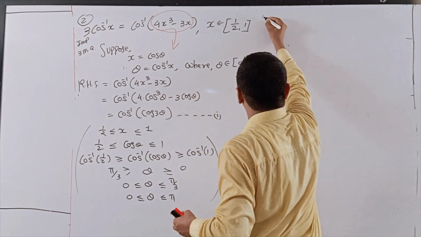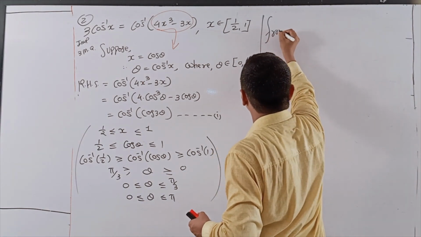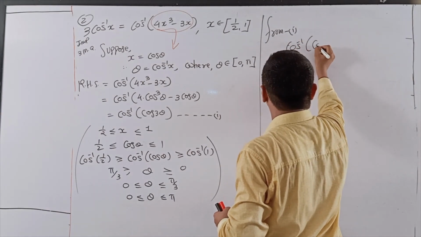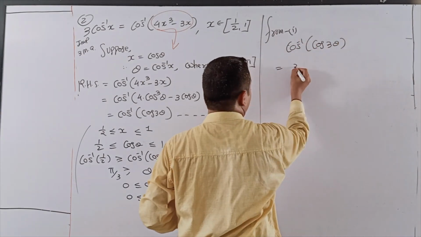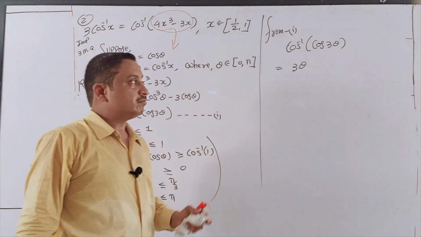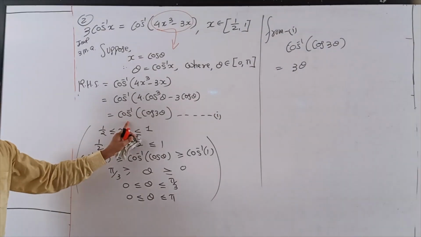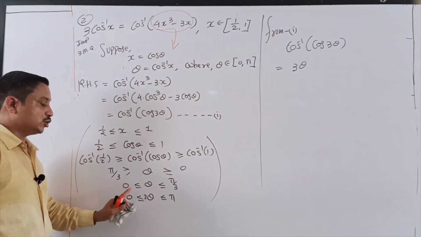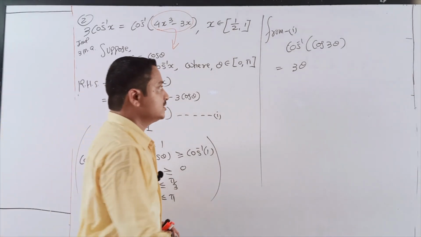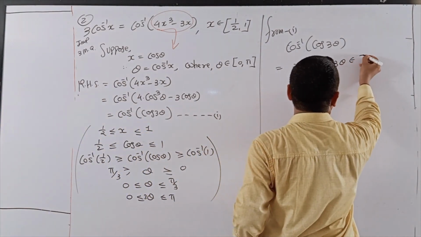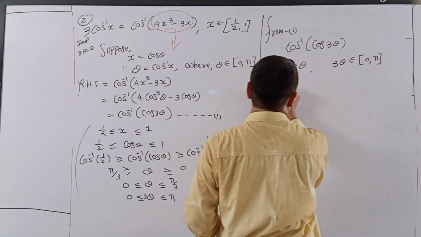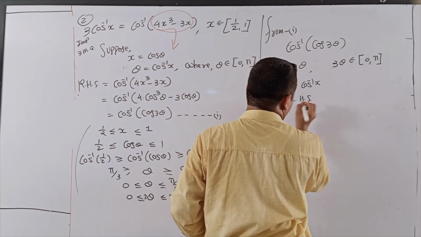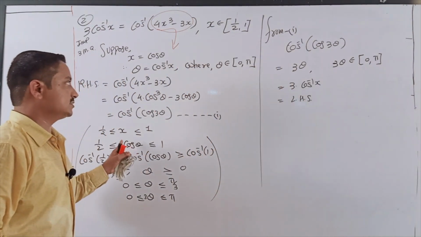What is your 1? Cos inverse cos 3 theta. I just show it is 3 theta, because from equation 1, 3 theta belongs to the range. Here, students, theta from 0 to pi by 3 is multiplied by 3. So we declare 3 theta belongs to my range 0 to pi. That's why theta is just putting, and that's your LHS. Finally done here, students.